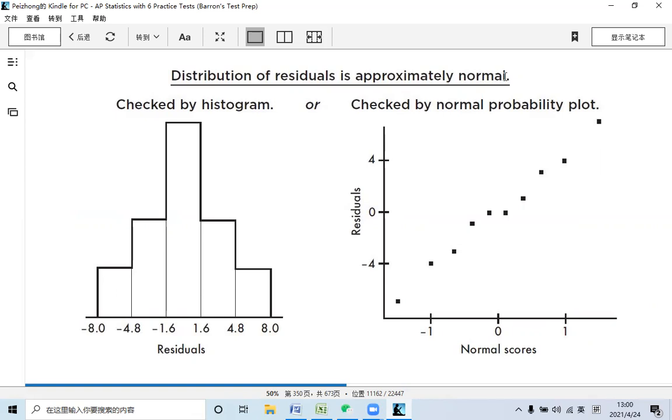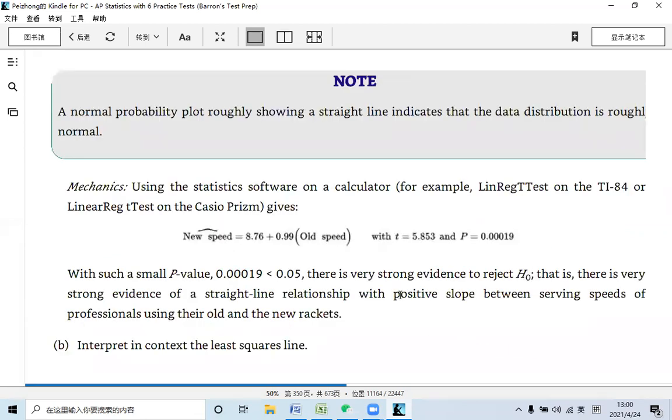Distribution of the residue is approximately normal. So you can do a check. Do a histogram check that the residue is normal. The normal probability plot, this one's not necessary.